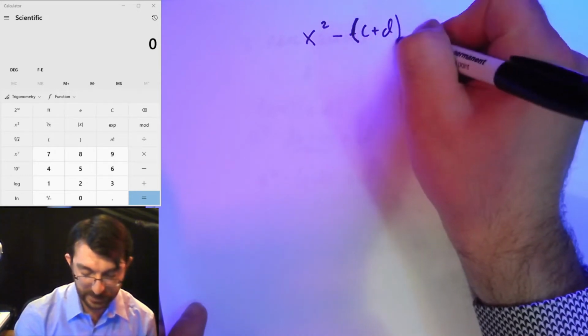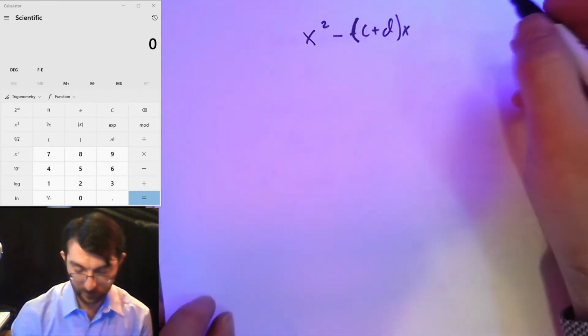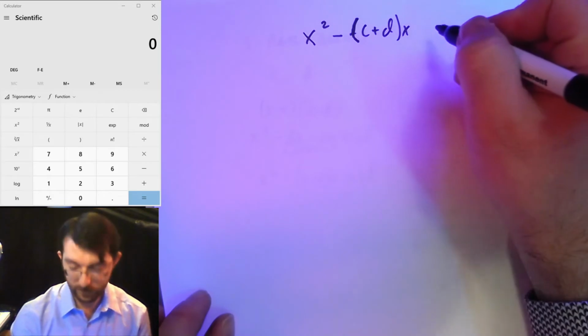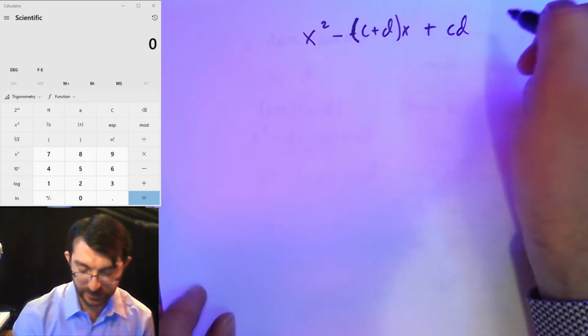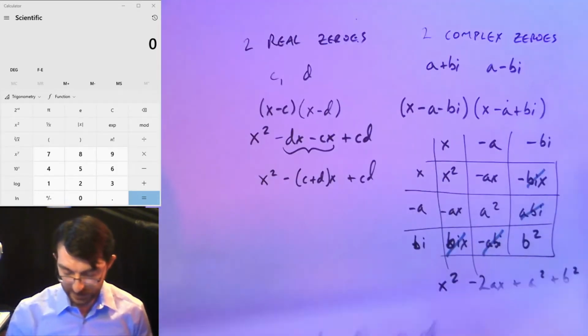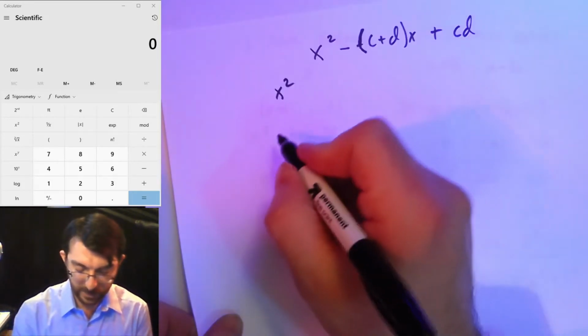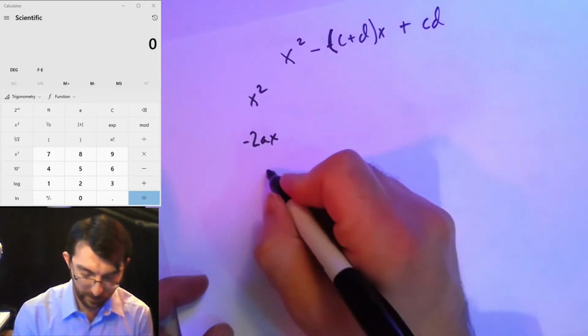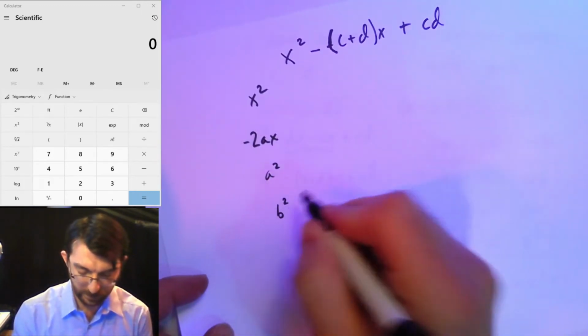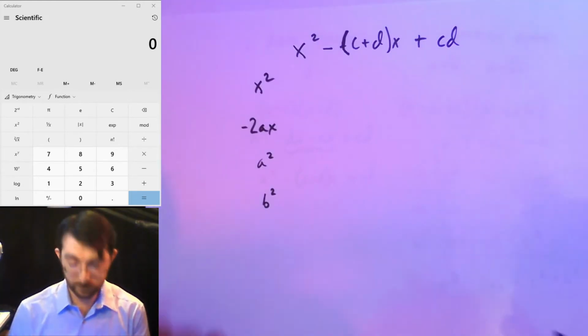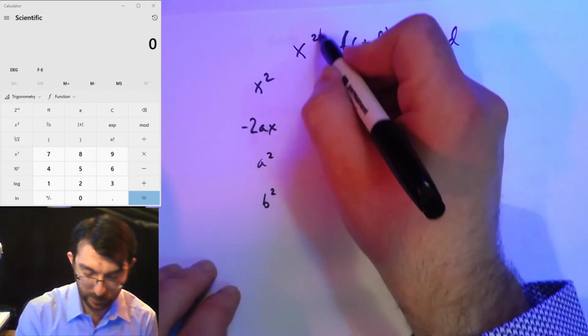C plus D x plus CD, and then down along the edge, x squared minus 2ax plus a squared plus b squared. Okay, well, let's make my grid.